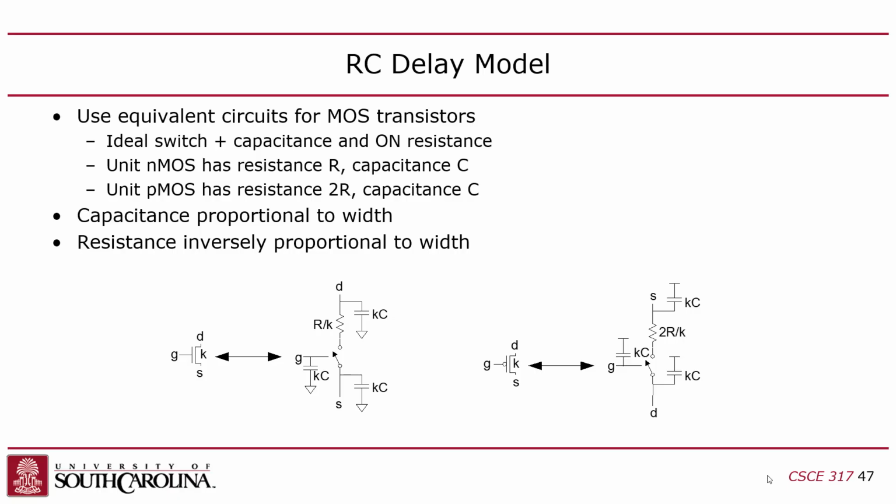Then the source and the drain are also connected to capacitors, in this case to ground, on the NMOS. Why? Because the substrate is grounded. But over here on the PMOS, they're connected to a capacitor to VDD, because in a PMOS, the substrate is VDD, the power supply, charged up, right? Make sense?